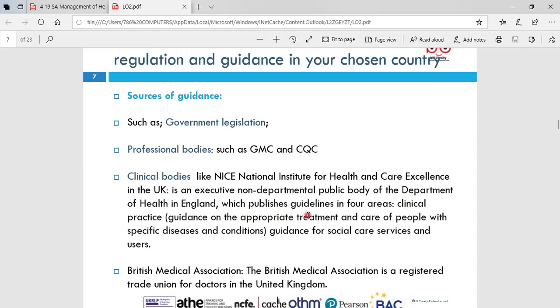It publishes guidelines in basically four areas. First, clinical practice, where they give guidance on appropriate treatment and care for people with specific diseases, and guidance for social care services and users. Whatever guidelines you want to know about, let's say diabetes, hypertension, or mental health issues like schizophrenia and depression, we have to follow the NICE guidelines because they come through thorough research. They're based on clinical research.